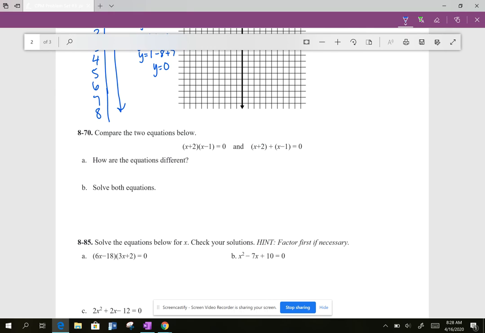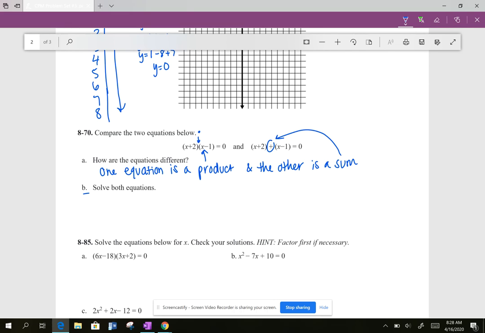Compare the two equations below. How are the equations different? Well, one is multiplying and one is adding. So one equation is a product and the other is a sum. Okay, solve.